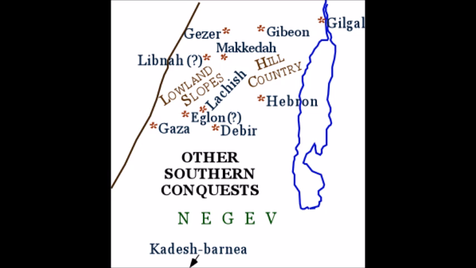A delegation from the tribe of Judah, led by Caleb son of Jephunneh the Kenizzite, came to Joshua at Gilgal. Caleb said to Joshua, "Remember what the Lord said to Moses, the man of God, about you and me when we were at Kadesh Barnea.